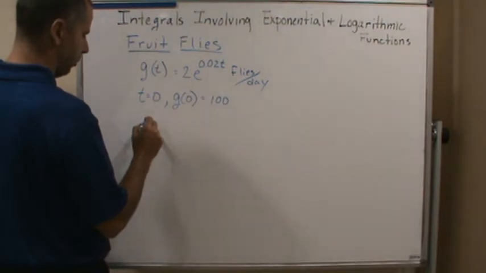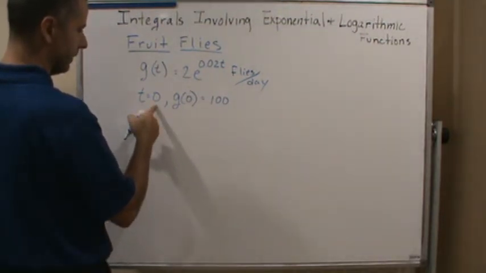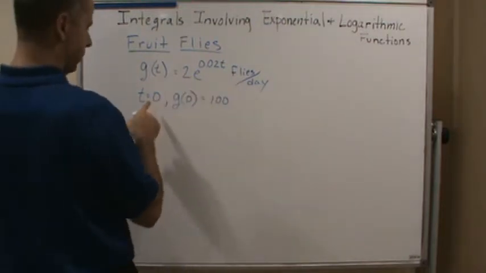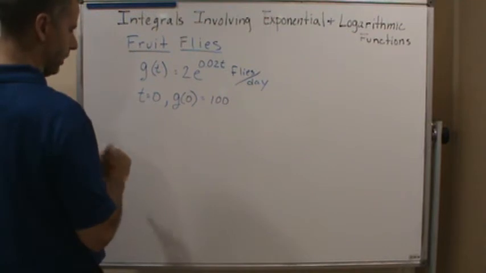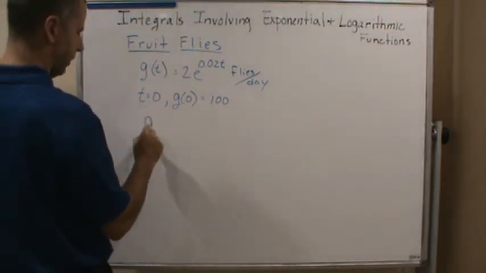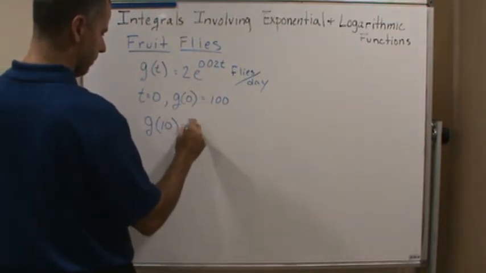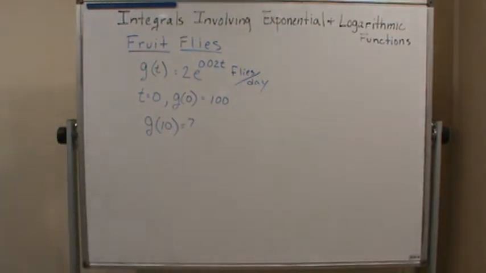Again, t is the number of days, so t is in days. So what is g of 10? That's what we want to find out.